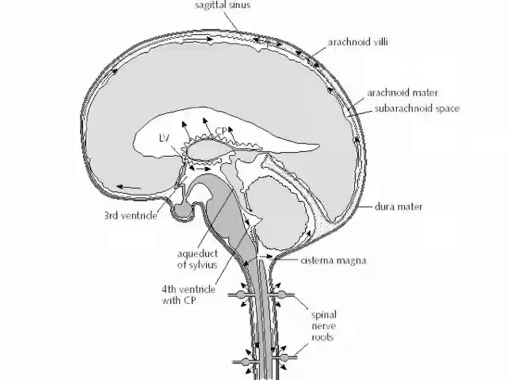The fluid is then taken up by the arachnoid granulations, which are scattered throughout the arachnoid matter. There's also uptake within the spinal nerve roots as well. What drives that is almost a pressure phenomenon: there's a slightly higher pressure here than in the venous bloodstream, which is on the other side of the arachnoid granulations. And so it's a one-way flow.